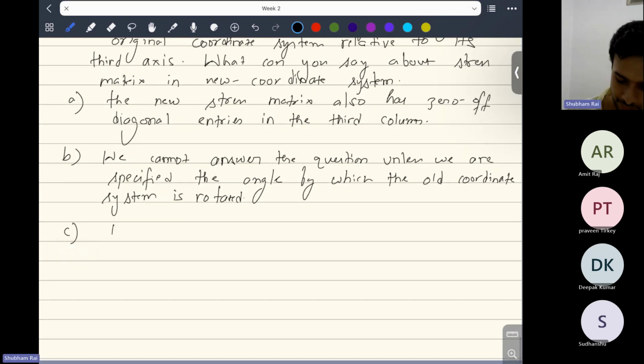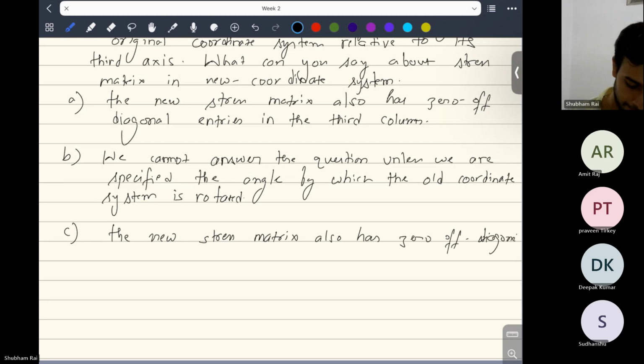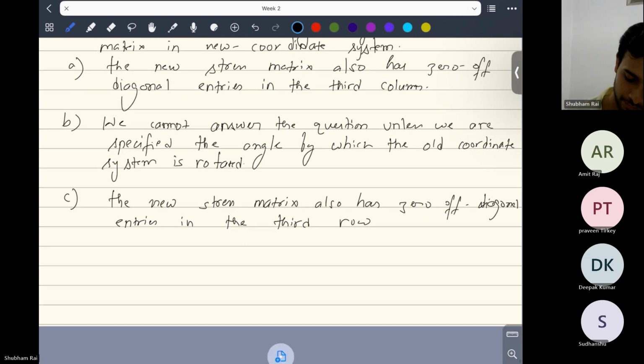C: the new stress matrix also has zero off-diagonal entries in the third row.